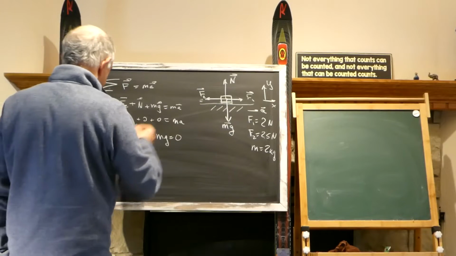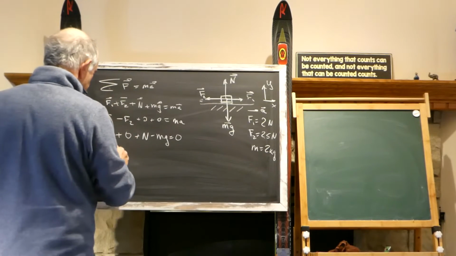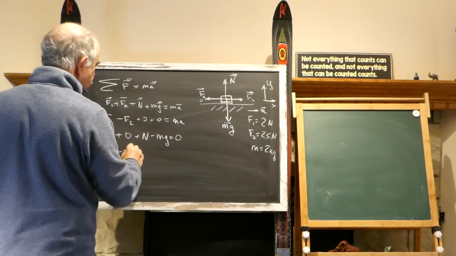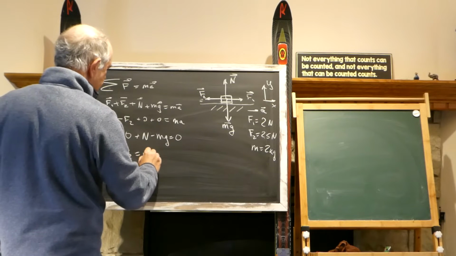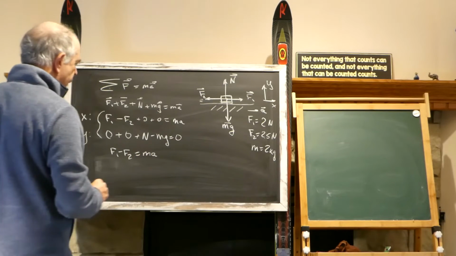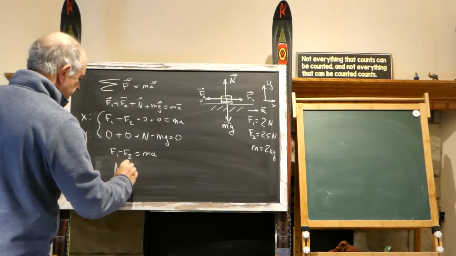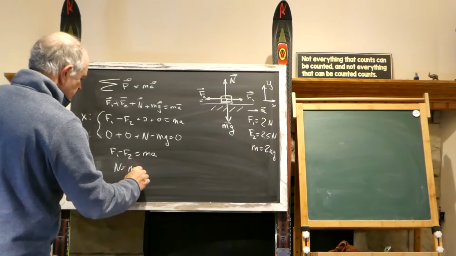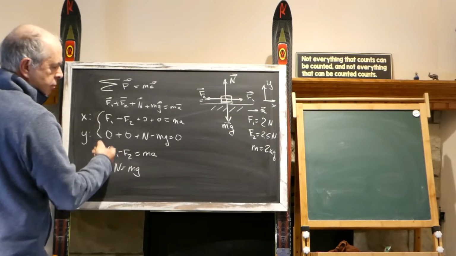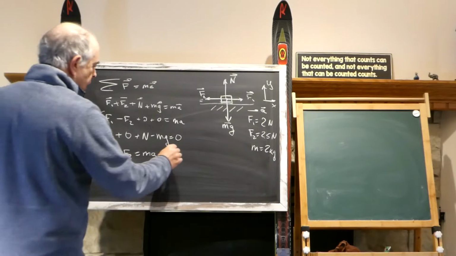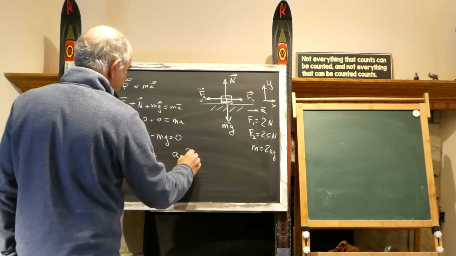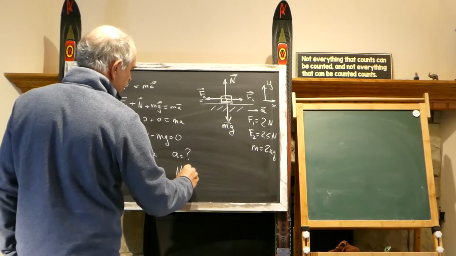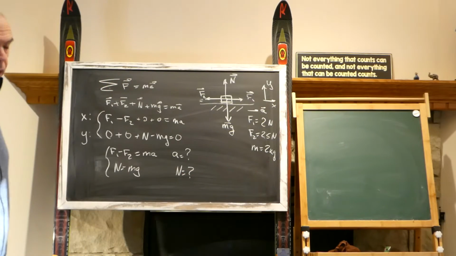So F1 minus F2 equals ma, and N equals mg, and the rest is mathematics now, and the question mark is a, and the question mark is N, exactly like before.